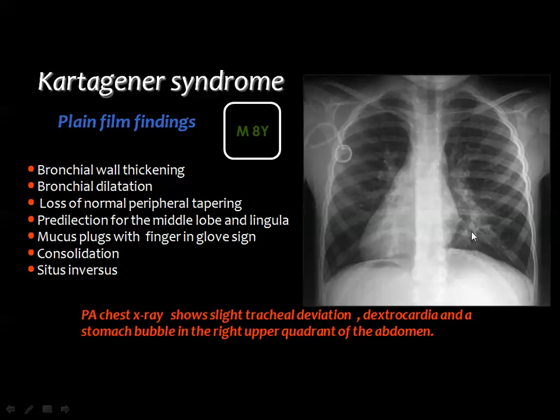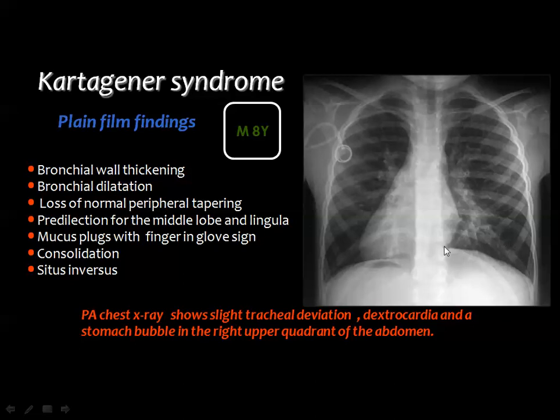I usually say that the only type of bronchiectasis that can be diagnosed from the plain X-ray is the cystic type, since you can see the cystic changes in the bronchi and sometimes you detect air fluid levels within. But the fusiform bronchiectatic changes are usually difficult to appreciate from the plain X-ray.